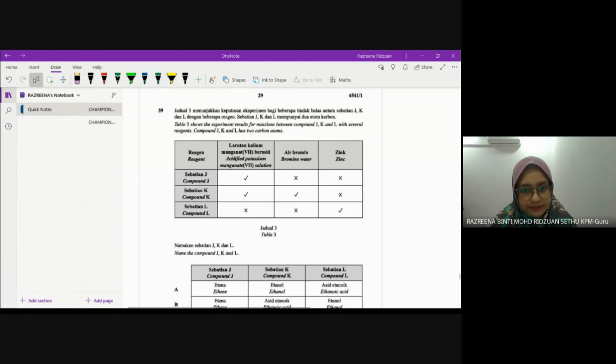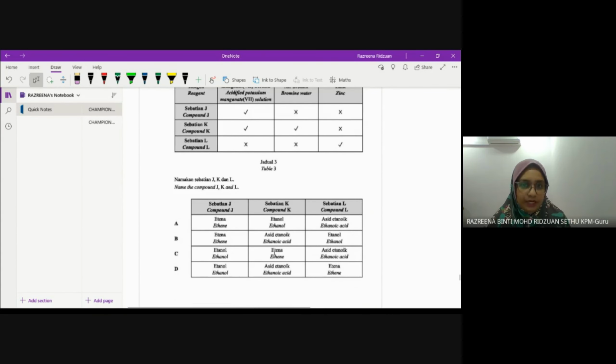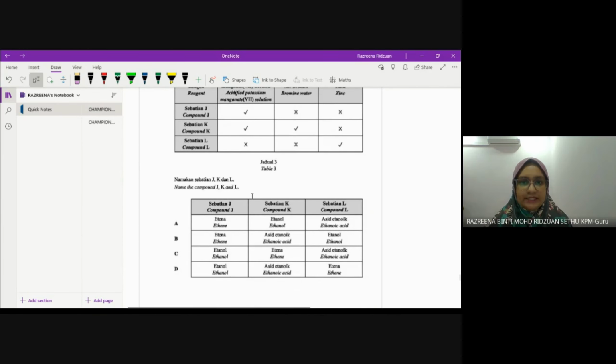So how do we do this? See what you can do first. It reacts with acidified potassium manganate solution. Which one can react with it? Alkene.